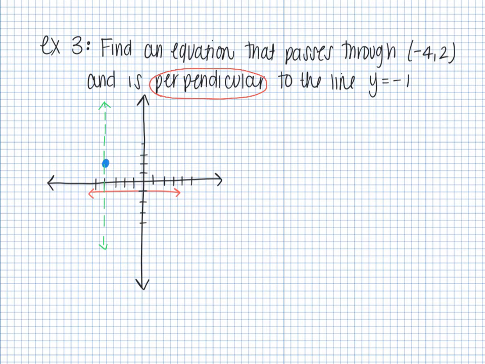Well, what's the equation of that line? Since it's a vertical line, it's the Vux part, which means I need x equals the number in place of x in this point, which is negative 4. So I have x equals negative 4 as my equation.